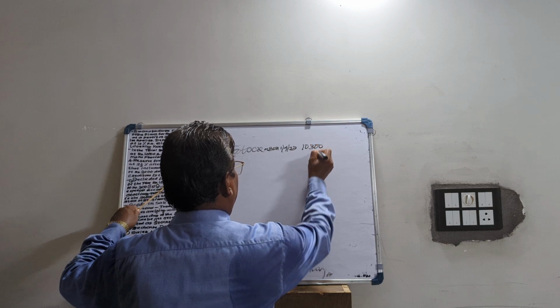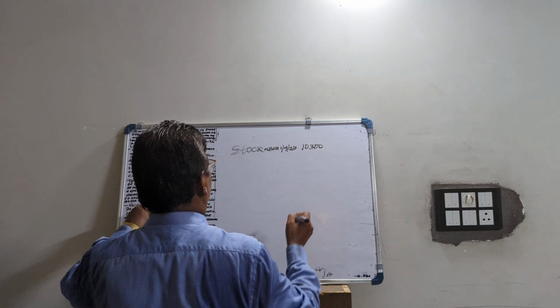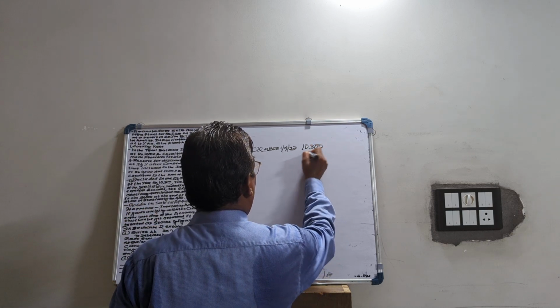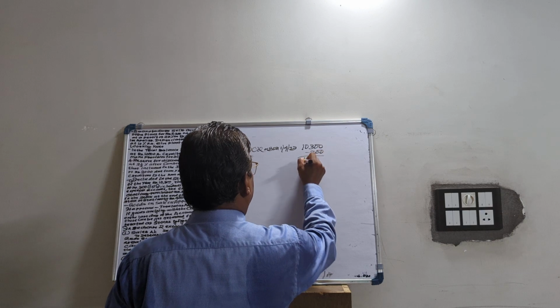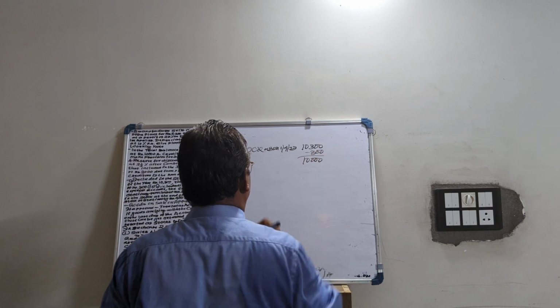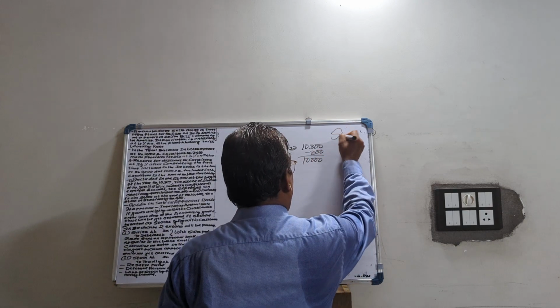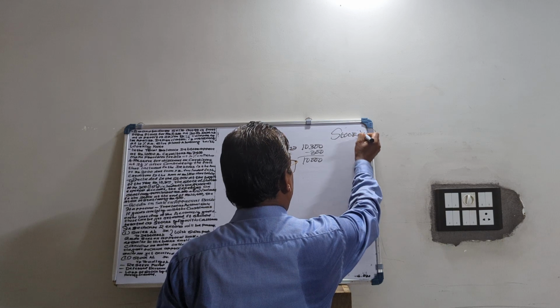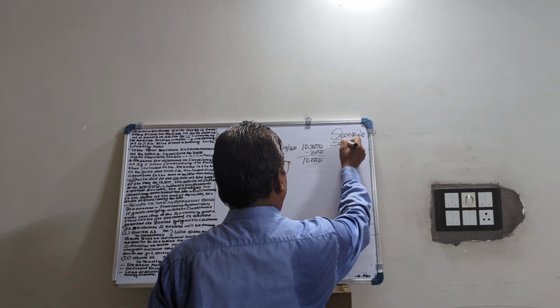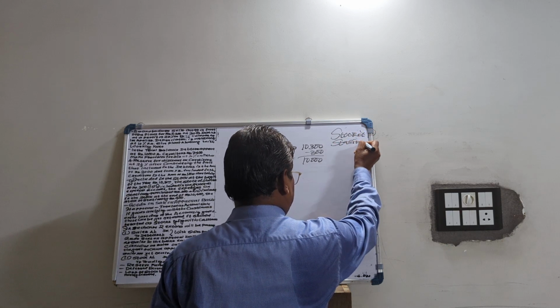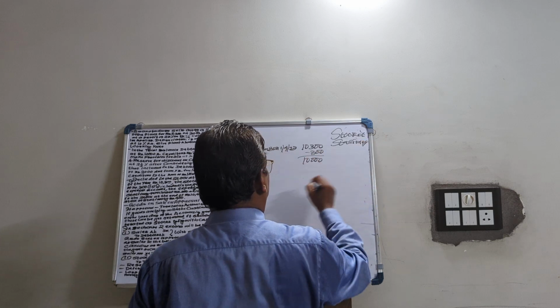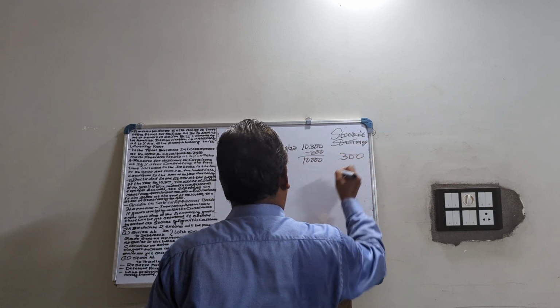From 10,300, 300 belongs to stock of stationery. So minus 300. This is the opening stock of goods, 10,000. Then the stock of stationery is 300. So we have to deduct it from the stock of goods.